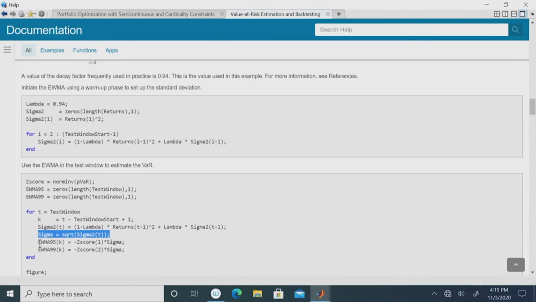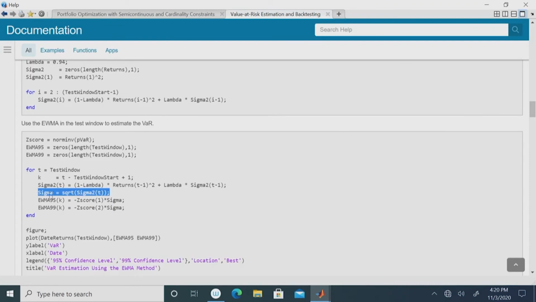Then the value at risk using the EWMA method at the 95 and 99% levels is simply the minus of the z score for both cases into the sigma that you have estimated using the EWMA method, and this gives you the value at risk using the EWMA method.